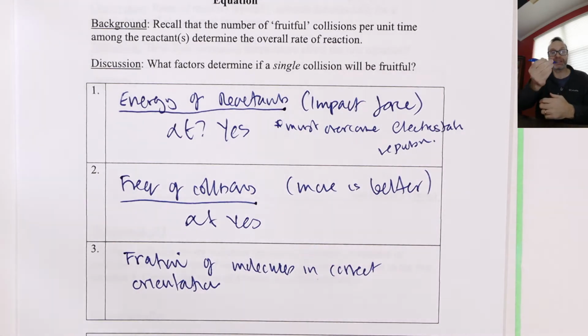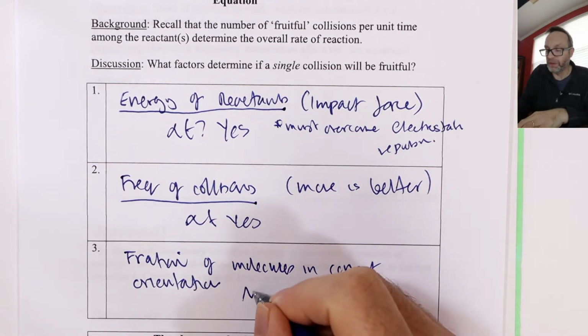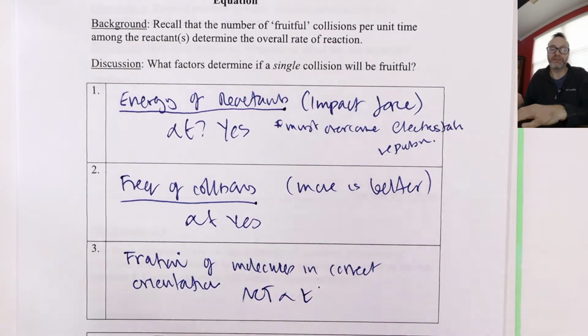Molecules are twisting and turning in space. They actually have to hit the right atoms on each molecule together during the collision for that bond to form. So that's just a fixed number. It's a random thing. So the fraction of molecules in the correct orientation is not proportional to temperature, is it?